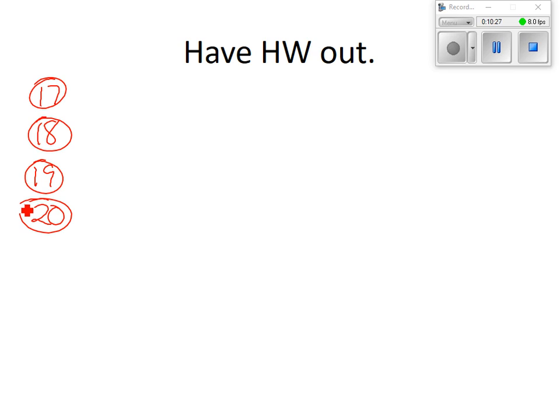17, 18, 19, 20, they want you to match them. When I'm matching them, 17, they say a confidence interval of 0.88. 18 says a confidence interval 0.90. 19 says a confidence interval of 0.95.